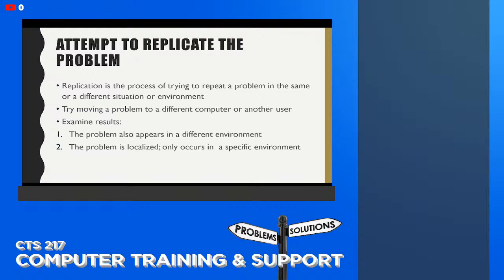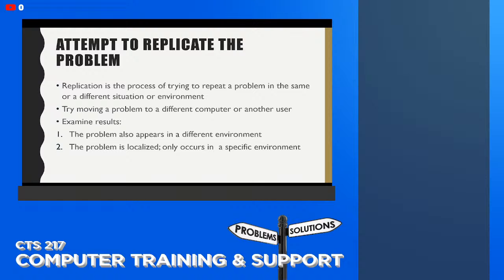But if we get the same error in both environments and the environments are different, that points to a potential issue with the software itself. So we can see that the problem might just be a little bigger than what we could isolate on that user's machine.